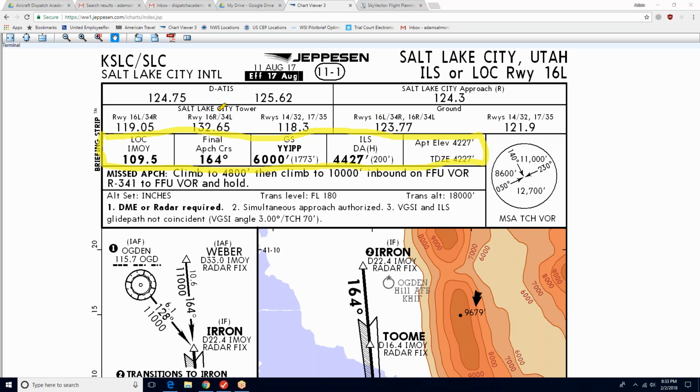So what this means in this box is this is the point at which you intercept the glide slope. When an aircraft starts using an ILS approach, ATC will descend them down to 6,000 feet.